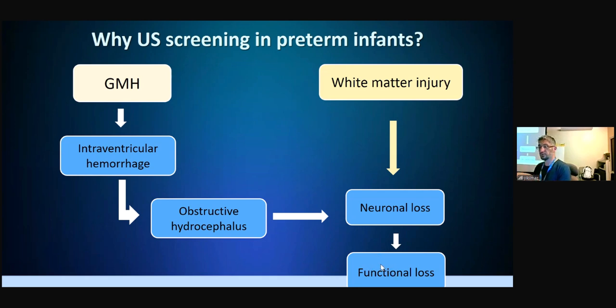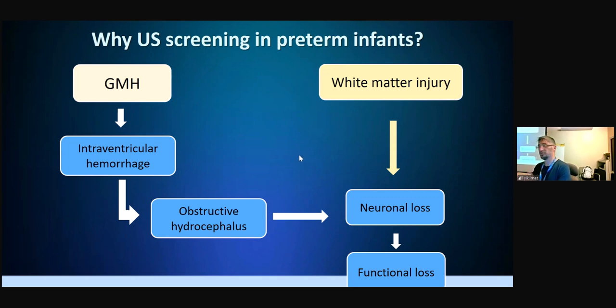So that's why it's important. We cannot avoid this. We are doing the ultrasounds for prognostication, but for the hemorrhage, we can actually treat the obstructive hydrocephalus. We can manage obstructive hydrocephalus and prevent this neuronal loss. If you manage well, you can prevent it, but you cannot prevent hemorrhage.